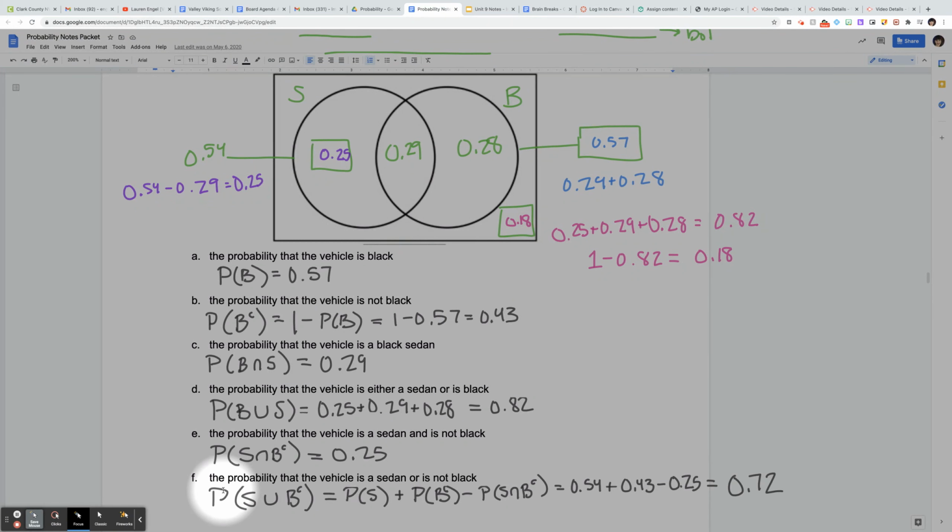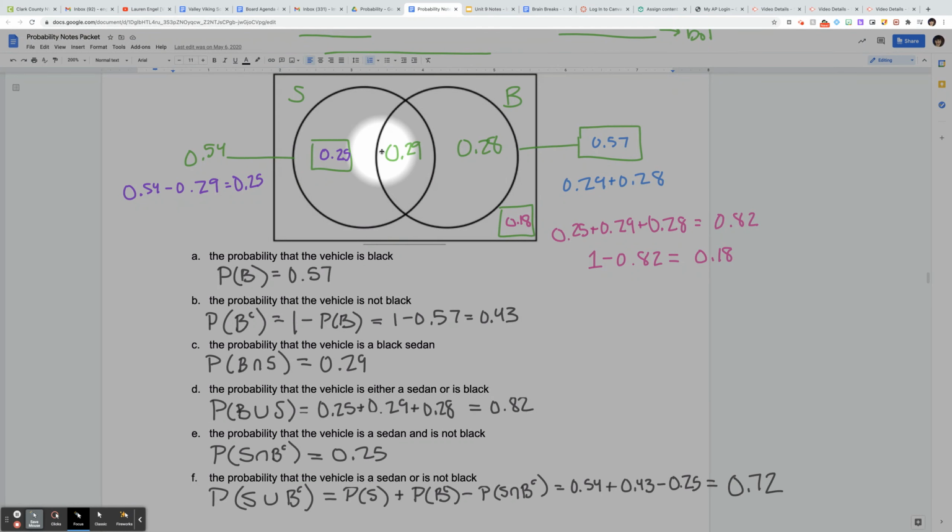So I'm going to show you what this looks like visually, and then I'm going to walk you through the math that I did down here. I want to find the probability that a vehicle is a sedan or is not black. This is how this is written in probability notation. Now remember, with or in probability, that just means that the vehicle that we pull has to either be a sedan, has to be not black, or has to be both.